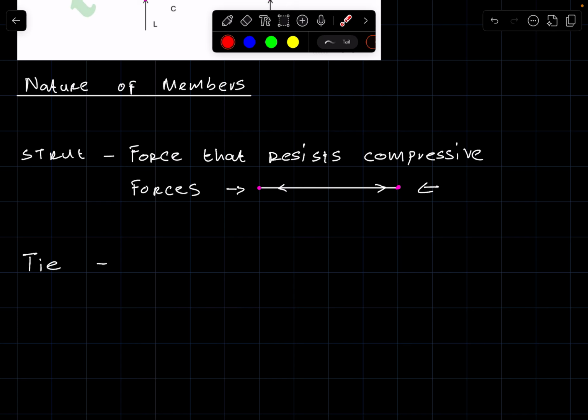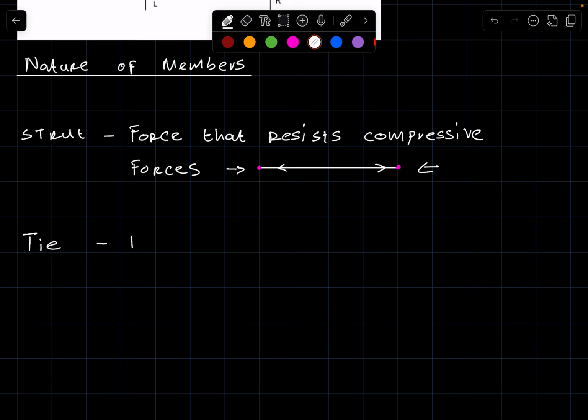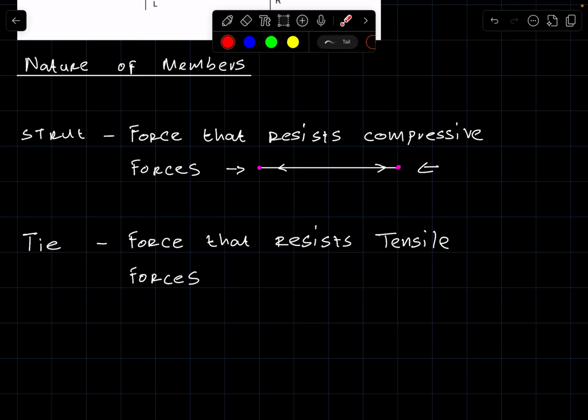Now a tie is a member that resists tensile forces. So the kind of forces that are tensile. Let's draw this again.